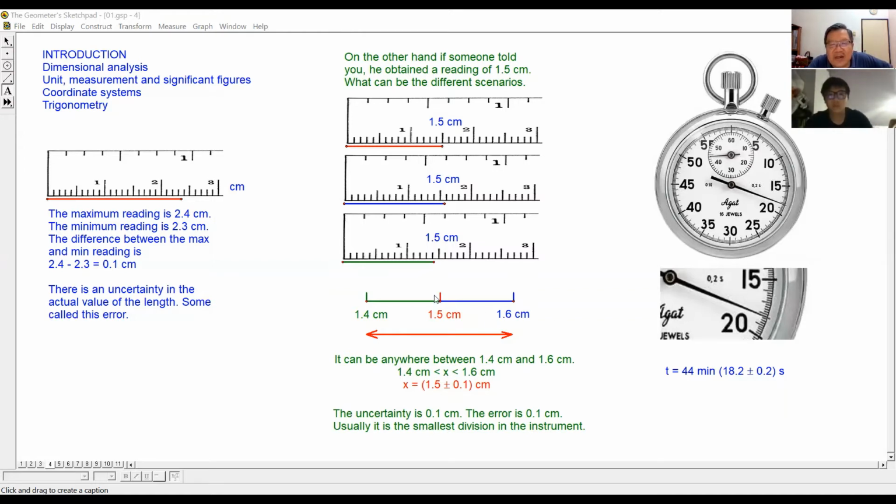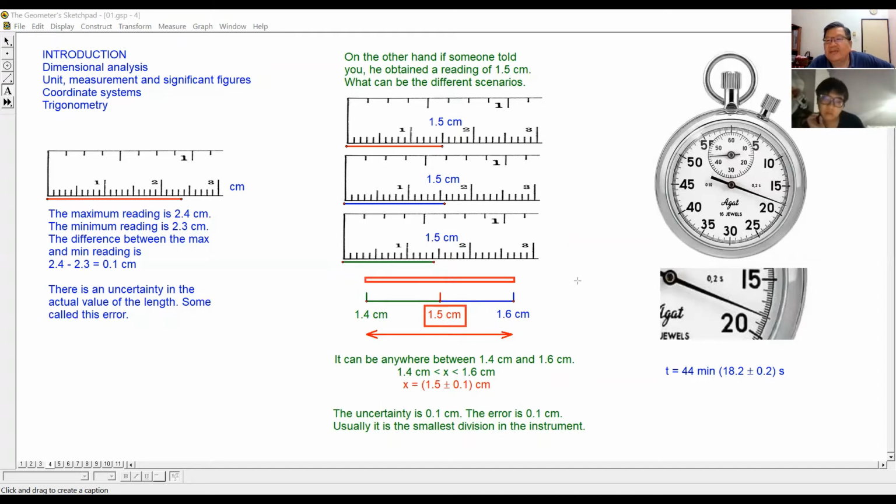If a person tells me the reading is 1.5, it can be anywhere between 1.4 and 1.6.